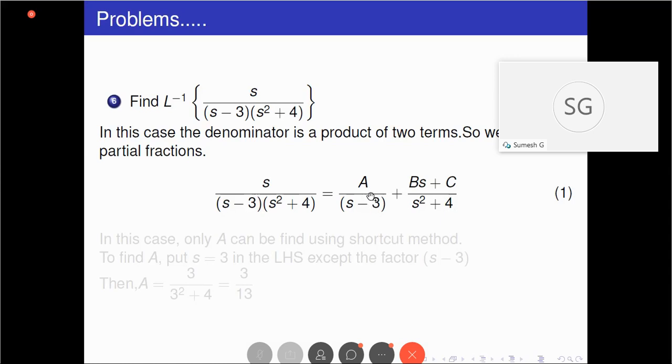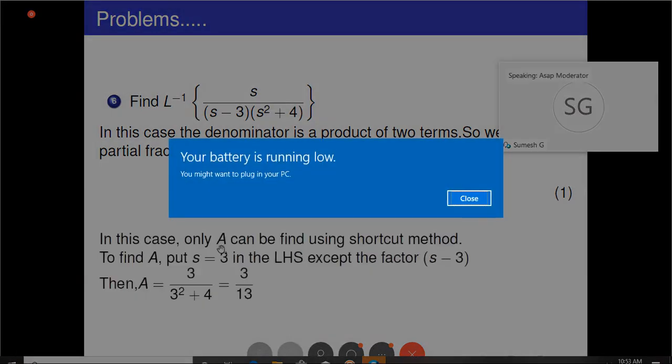So to find the value of a, we substitute s equal to 3 in the LHS, except the factor s minus 3. So here we substitute s equal to 3, here also. So we obtain value of a equal to 3 by 13.